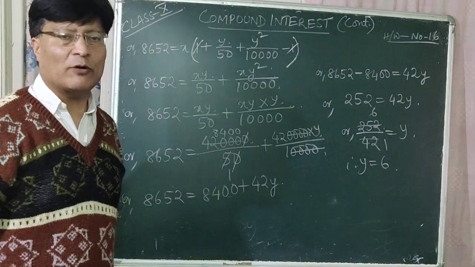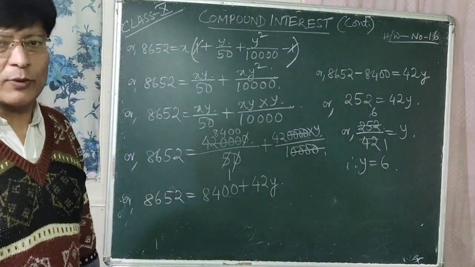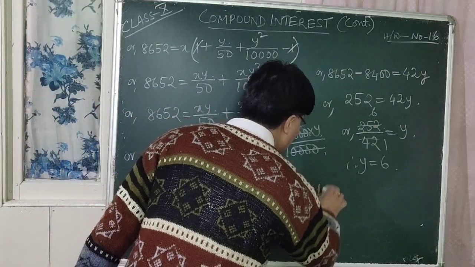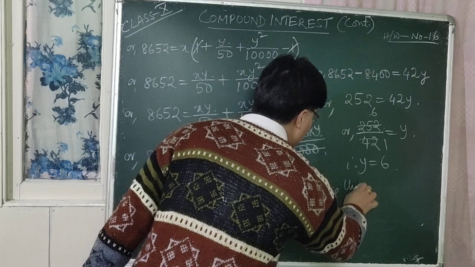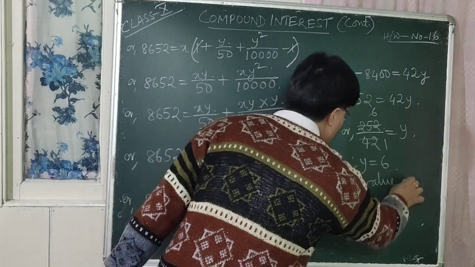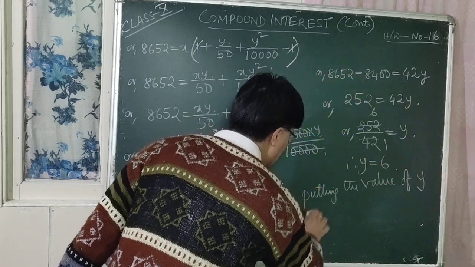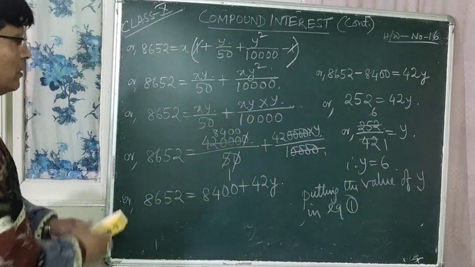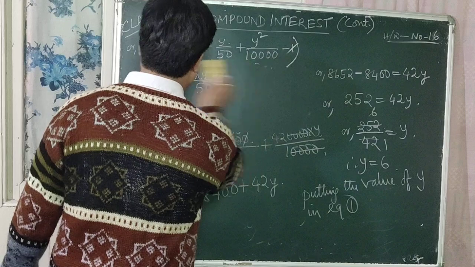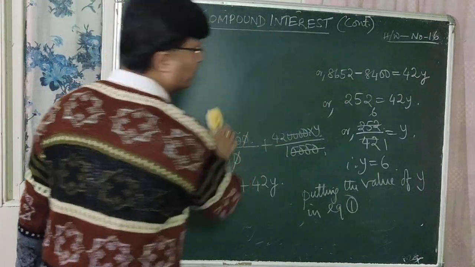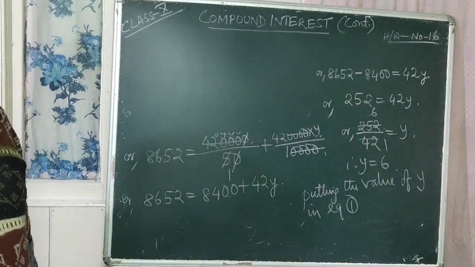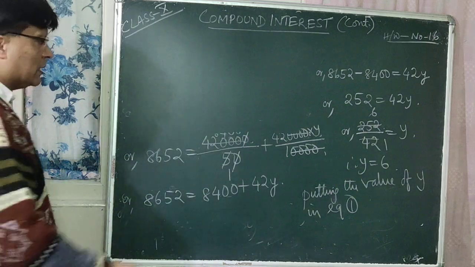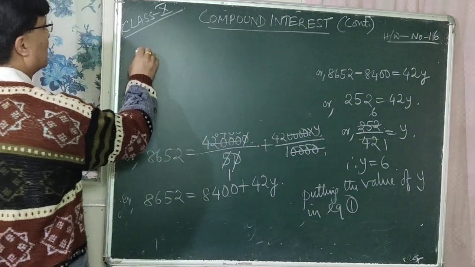Now we have to get the value for x. Where will you put this value of y? In equation 1 to get the value for x. Putting the value of y in equation 1, what do we get?